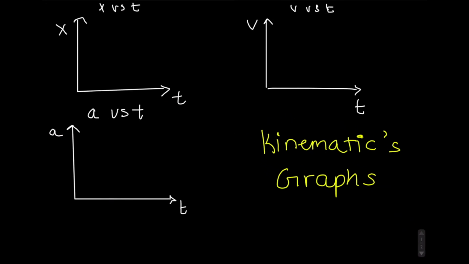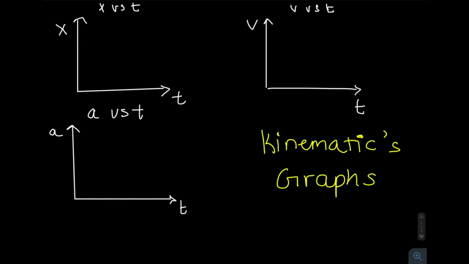Alright, so let's just jump straight into it. The first graph we'll talk about is the displacement versus time graph, or in this case I wrote x versus t. If you remember, the last video was about the kinematics equations, and you're going to need them today, so if you want to check that out, the link will be in the description below, or you can just go to my channel and find it.